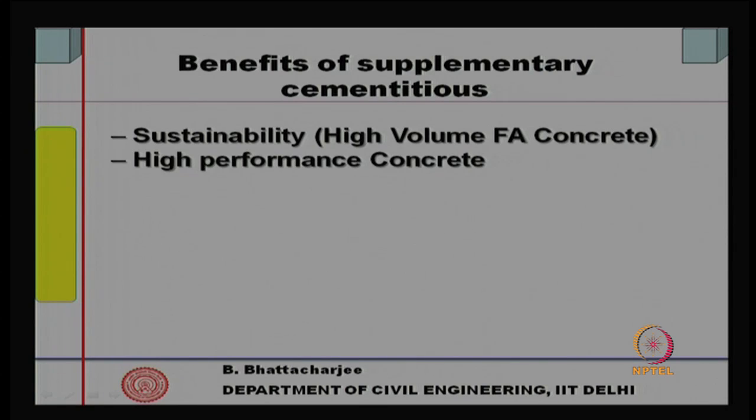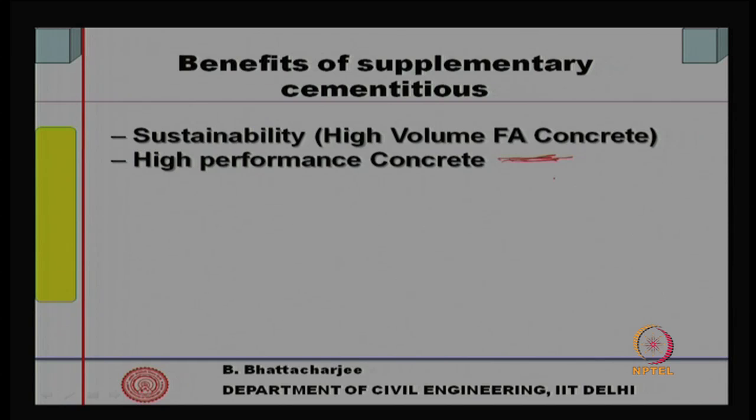So, these are other such cementitious formulations. Well, the benefits from the supplementary cementitious materials are, since you reduce the cement clinker, carbon dioxide emission is reduced. Fly ash, being an environmentally hazardous material, can be used in cement, and therefore they can give you sustainability. In high volume fly ash concrete, you use as much as 50% fly ash. We will discuss this sometime later on.